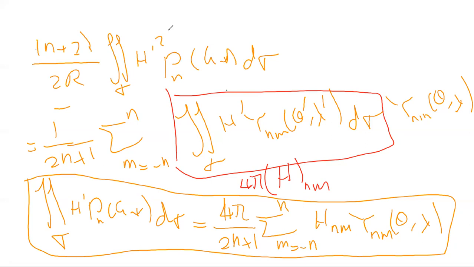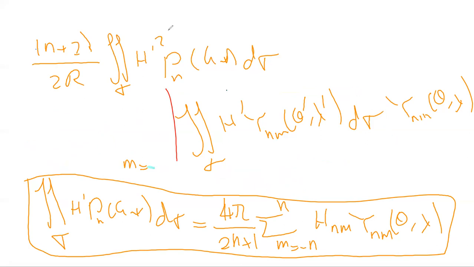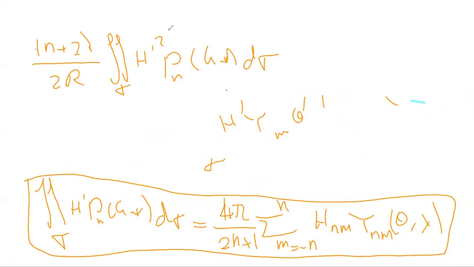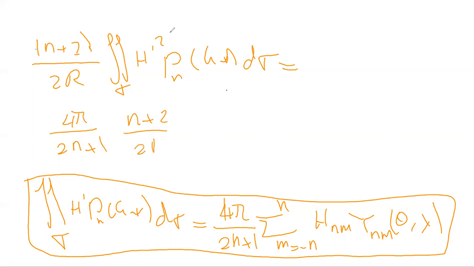So in a very similar way, if I follow the same procedure, I will come to the following formula. It will be, I write it here, 4 pi over (2n plus 1), (n plus 2) over 2R.